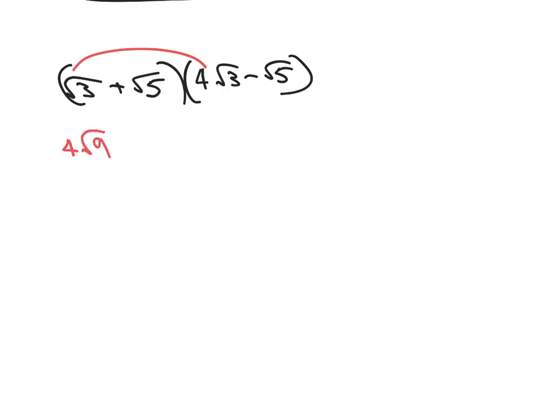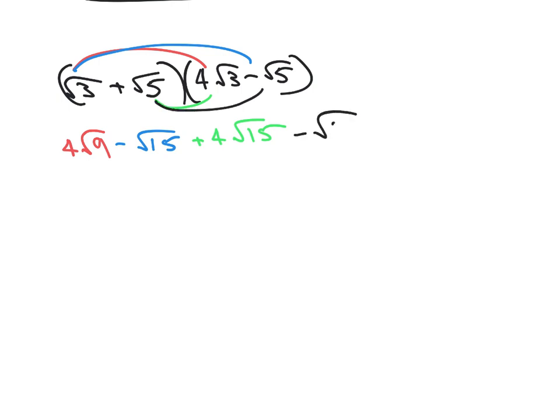Then I have my outside, let's do that in blue, minus square root of 15. Okay. Then I do inside, and I have plus 4 square root of 15. And then I have last, this times this, minus square root of 25.